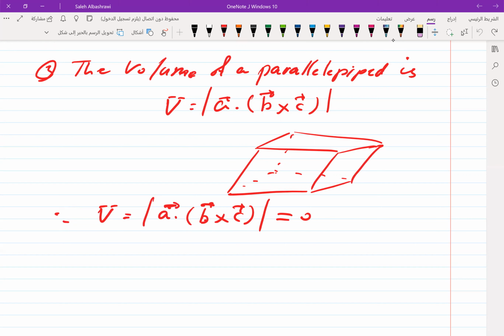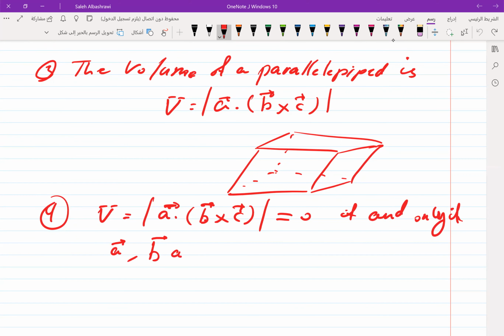Okay, let's say this will be the fourth one. V equal to 0 if and only if A, B, and C are coplanar.